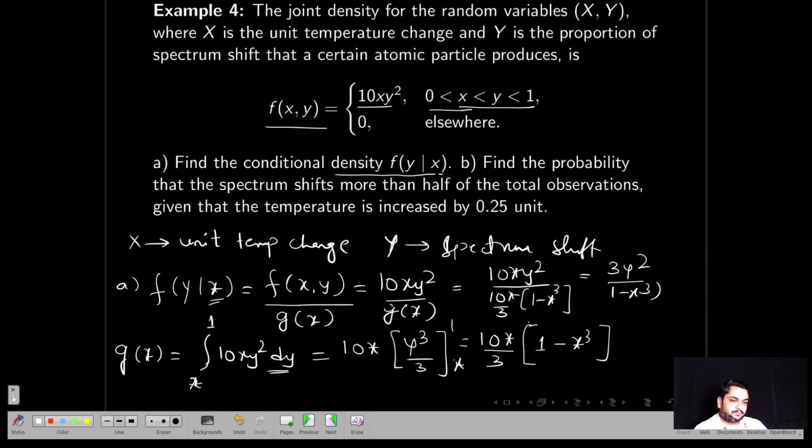Okay. Next, what is B? Find the probability that spectrum shifts more than half, given that temperature is increased by 0.25. Increased by does not mean addition here. The shift means increase or decrease, and the values are given directly.